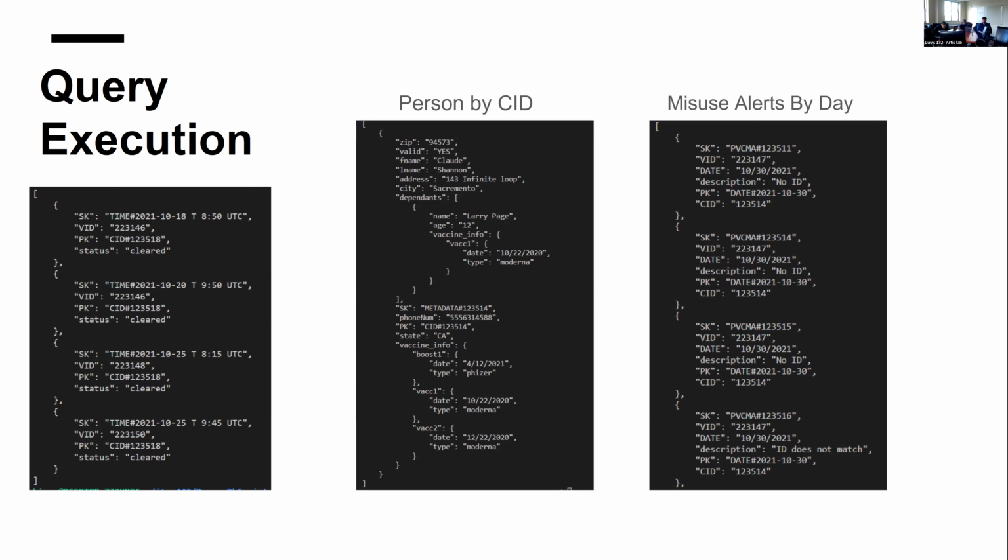We can see their name, their address, any dependents they have, along with their vaccination information. This determines whether their vaccinations are valid or not. And then on the far right, we have our misuse alerts. We can query for all the alerts for a given day, and that's the output of what that query looks like.